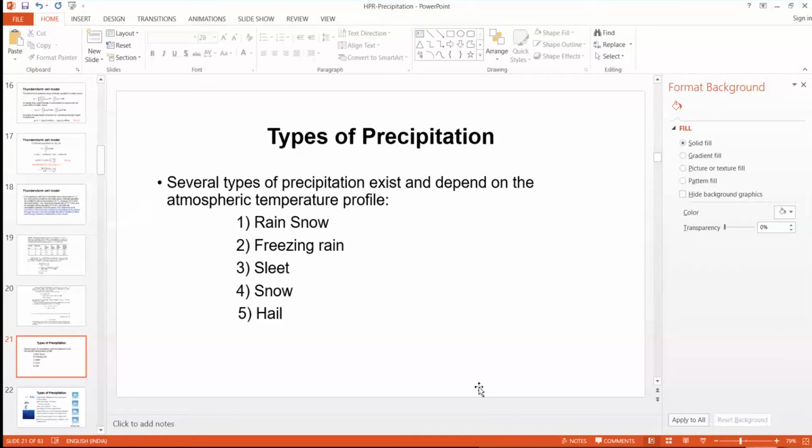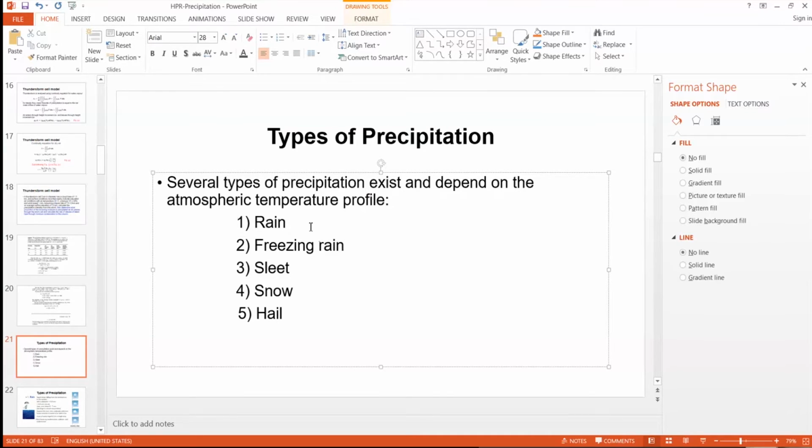Next I'm going to discuss different types of precipitation. There are different types: rain, freezing rain, sleet, snow, hail. Especially at mid and higher latitudes, rainfall is less, but snow is more.